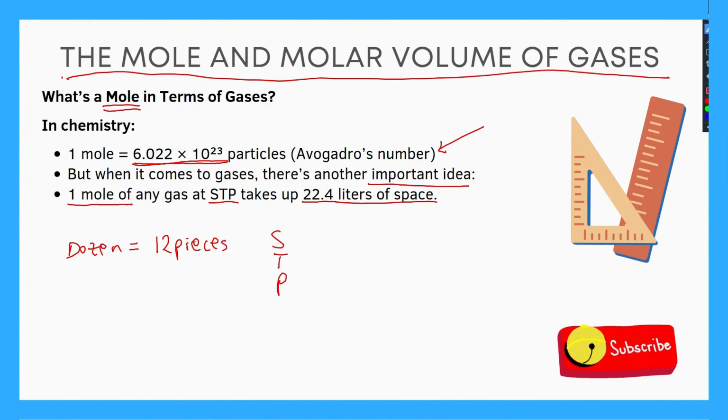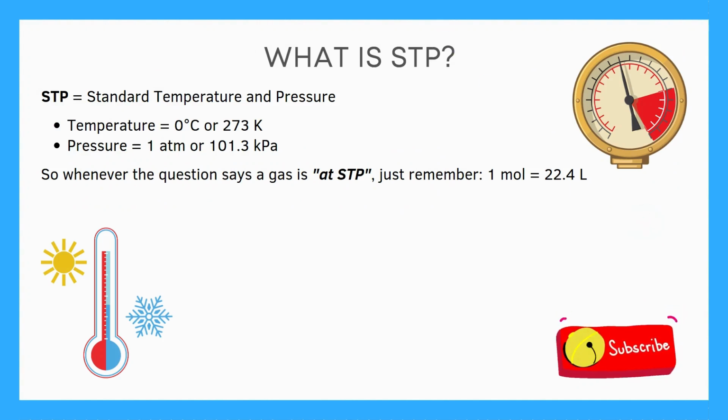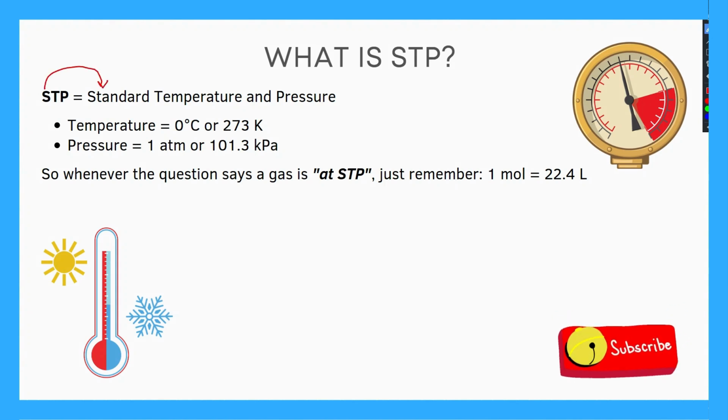Now, here is what we mean. Let's proceed into the next thing. STP, by the way, means standard temperature and pressure. S here stands for standard, T here stands for temperature, and P stands for pressure.